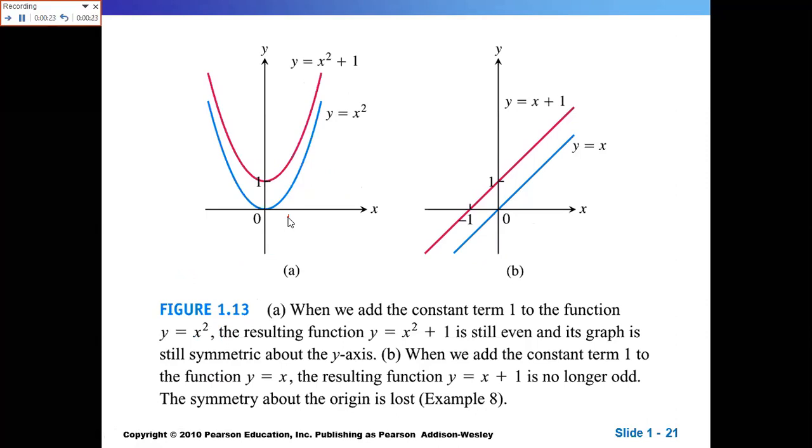If x is equal to 2 at this point, assume that x is equal to 2 at this point, okay?